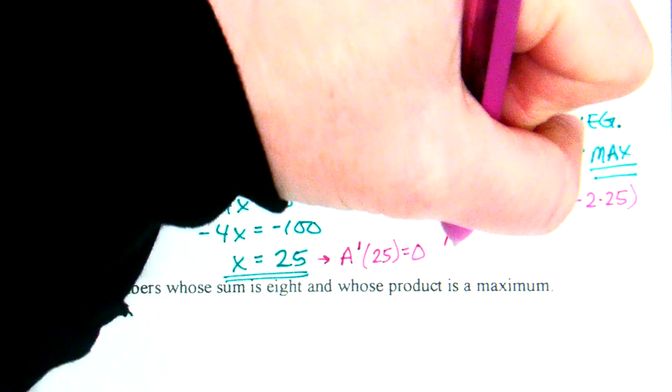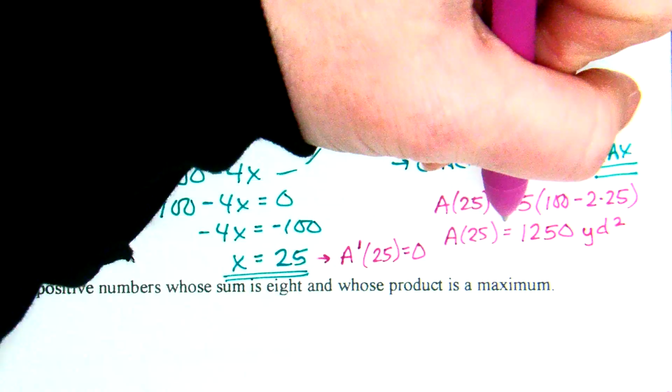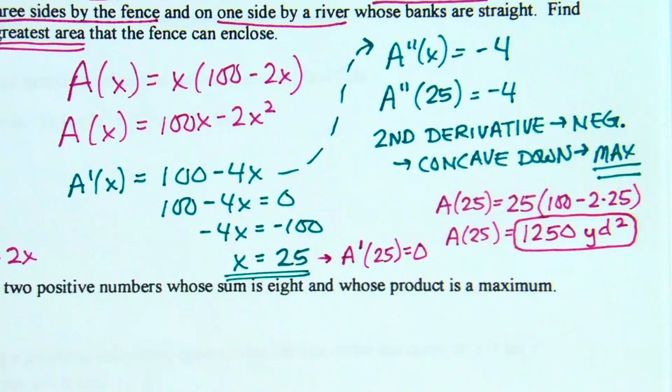So it's going to be 100 minus 50, so 50 times 25. 1,250 what? Yards squared because we were finding area, not volume. Okay. Ready to try example 2?